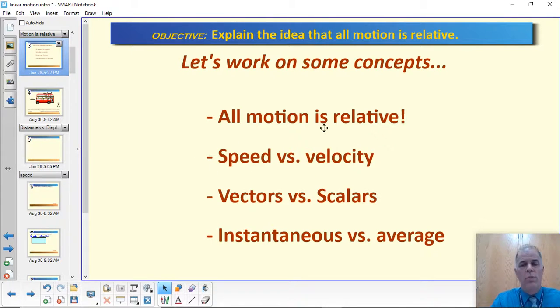You have to know what the words mean. Now, speed and velocity are words that you've heard before, but in physics, they have specific meanings, and it is very important that you know the physics meaning of these words. And speed and velocity are prime examples of that. In your English class, these are probably synonyms. They mean exactly the same thing. In physics, they mean very different things, and it's important to know and be aware of the difference.